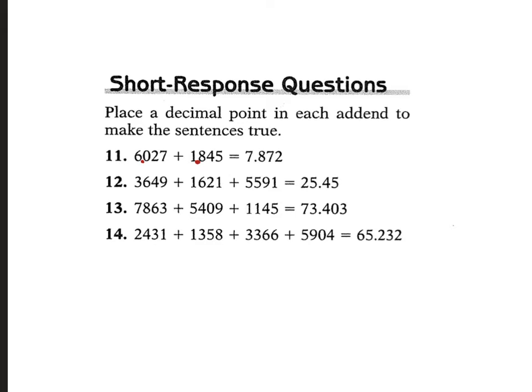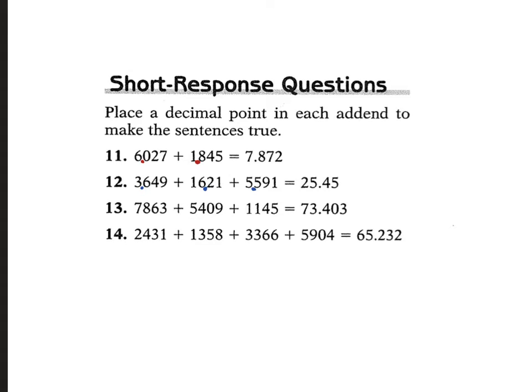For 12, we have 3649 plus 1621 plus 5591 is going to equal 25.45. So with these, you're going to have to figure out, obviously, you're not going to have 36 and you're not going to have 55. So it's probably 3.6 and 16.21 and 5.591.